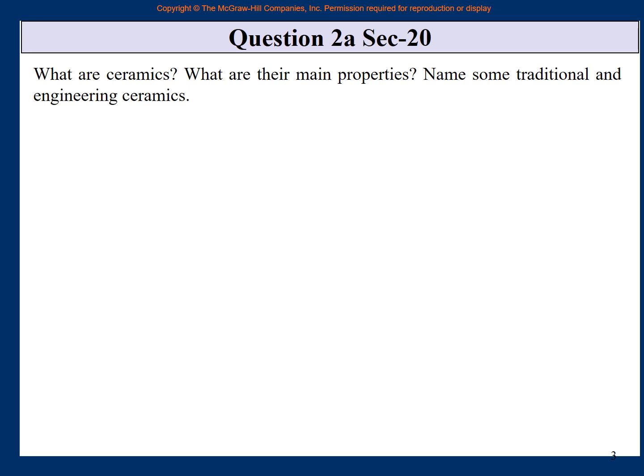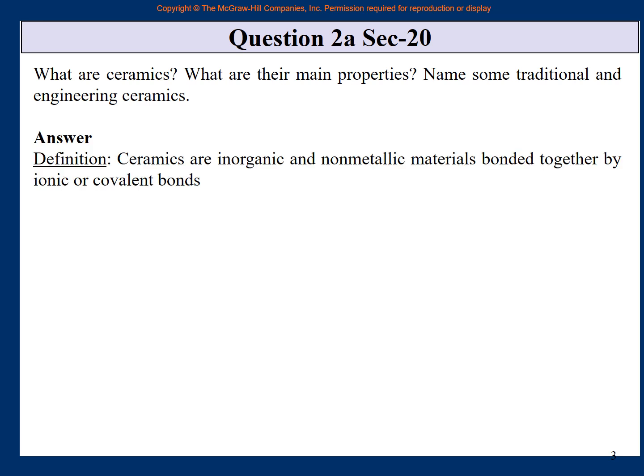A very basic question, especially when you are doing a quiz on only 1 or 2 chapters, and each chapter is only partially done. So the definitions which you know from chapter 1 we have revised again. Ceramics are inorganic and non-metallic materials bonded together by ionic or covalent bonds.